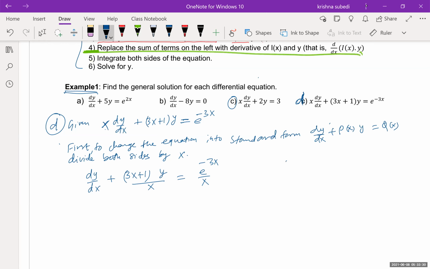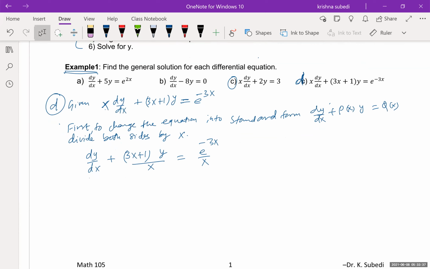Now notice that on the left hand side, this is in the standard form. The coefficient here is 1. Now compare this with dy over dx plus p y equals q in that form.